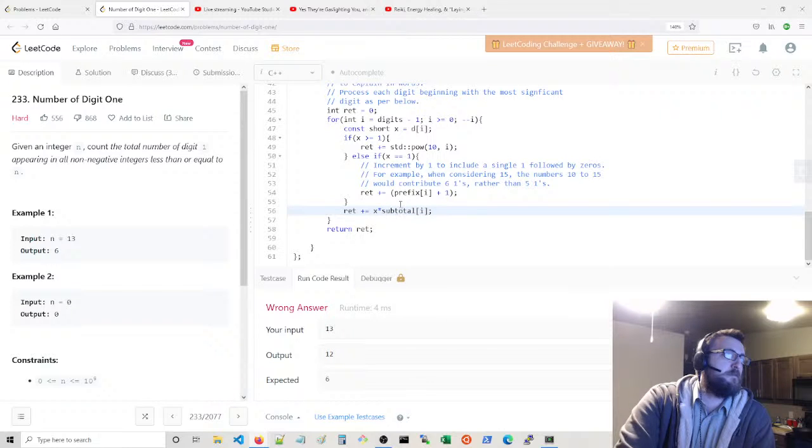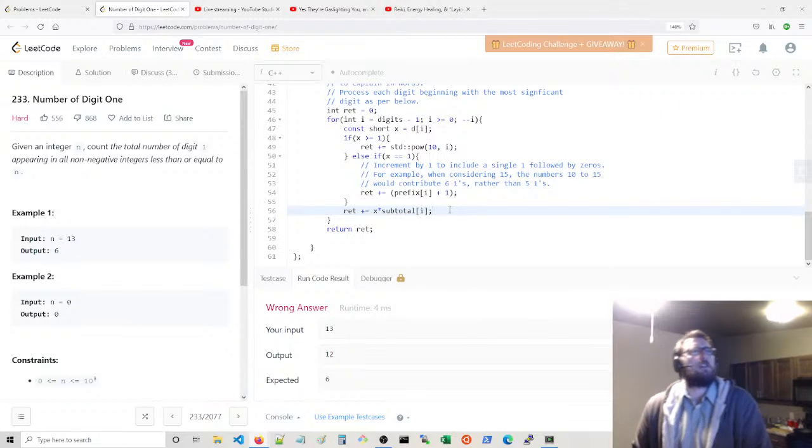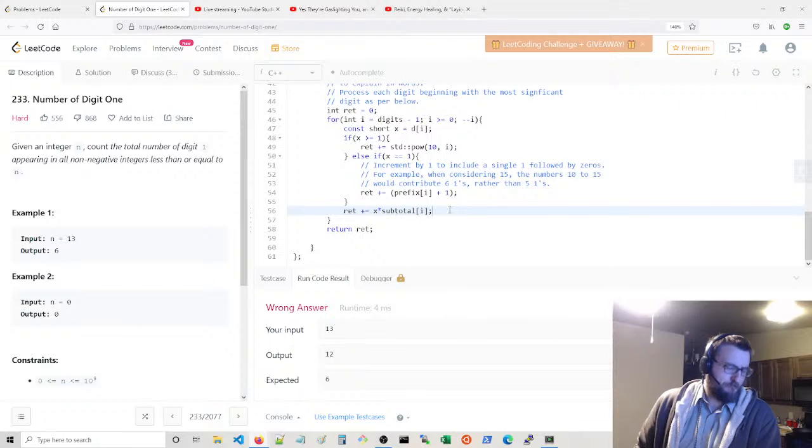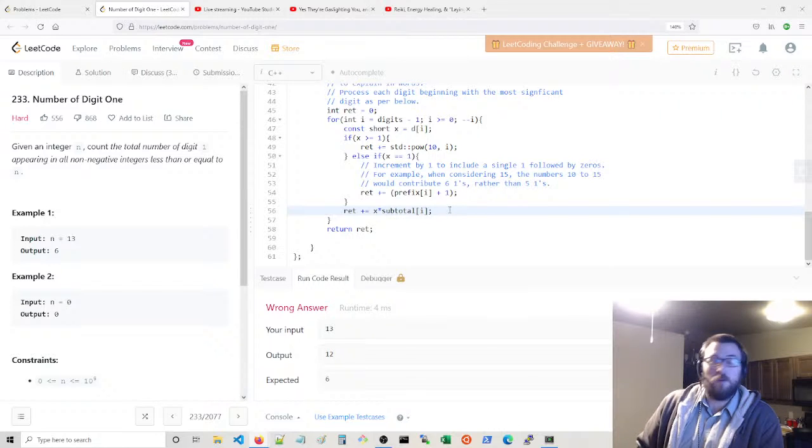Plus we also get 0 through 3, which is 4. So we should get 4 plus 1. I was only expecting to get 5, but why is it 6? Wait, we have 1. Then we have 10. Oh, we also have another 1 for the 11. Oh, I didn't think about that. Oh, that's right.